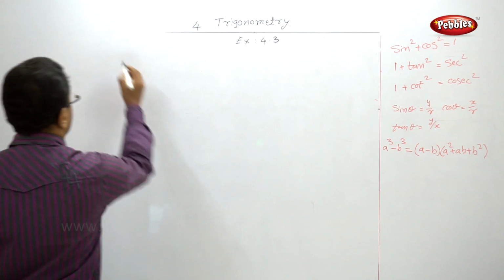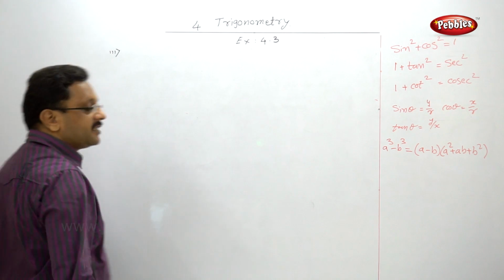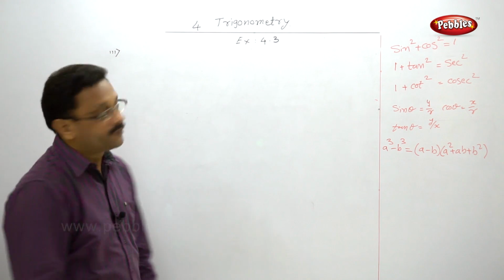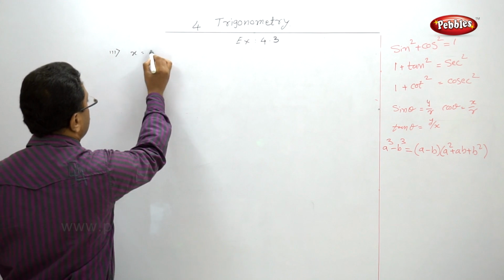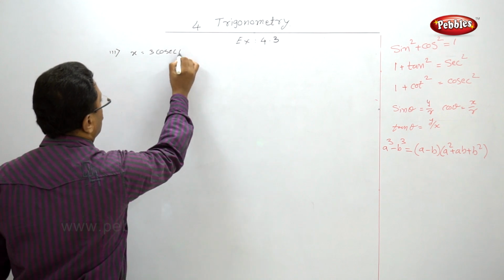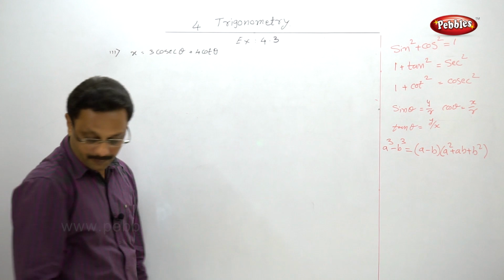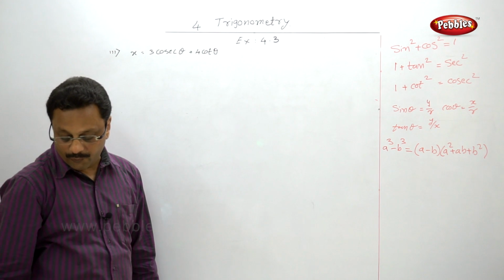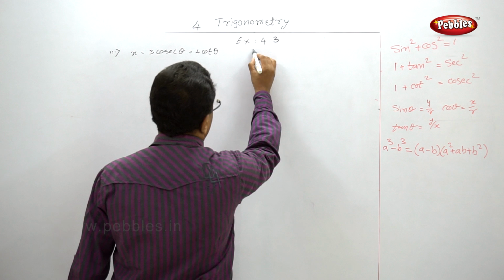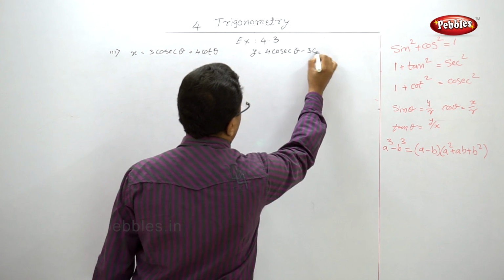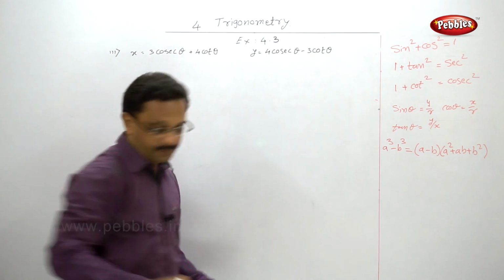The third sub question is exactly similar to the previous one. x equal to 3 cosec theta plus 4 cot theta, and y equal to 4 cosec theta minus 3 cot theta.